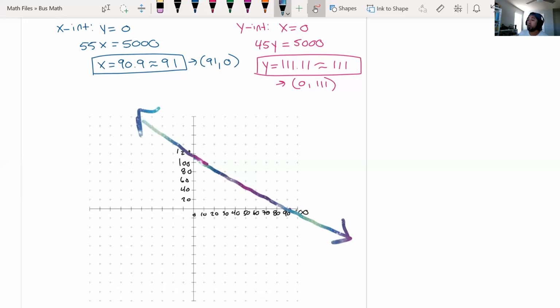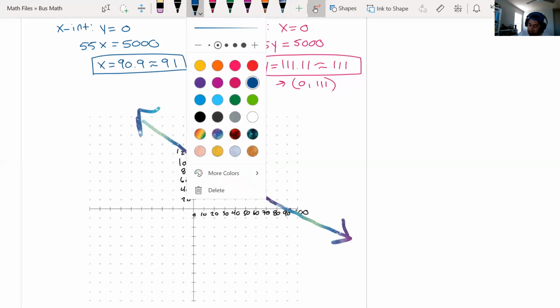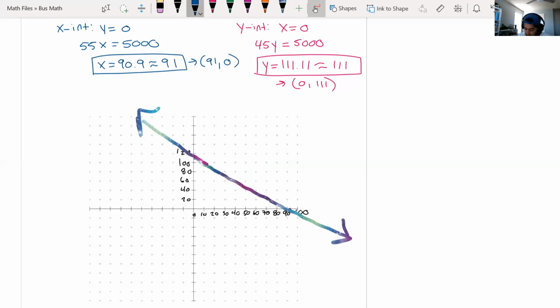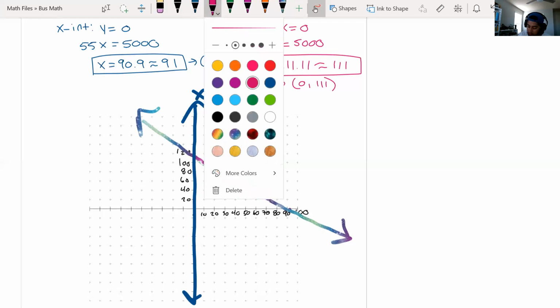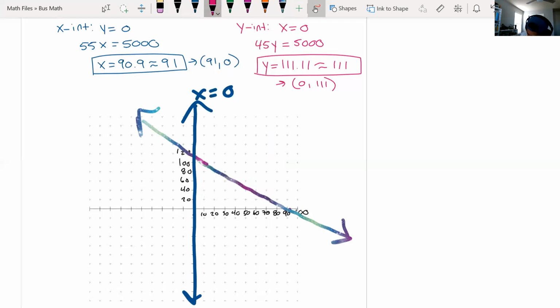Okay, and then draw your non-negative restrictions. So again, we're going to have that line x equals 0. Here's x equals 0. And then we'll have the line y equals 0. Okay, and there's our graph.